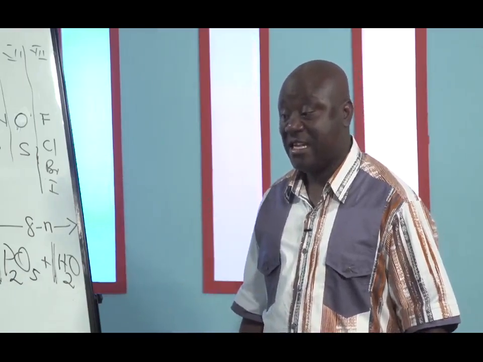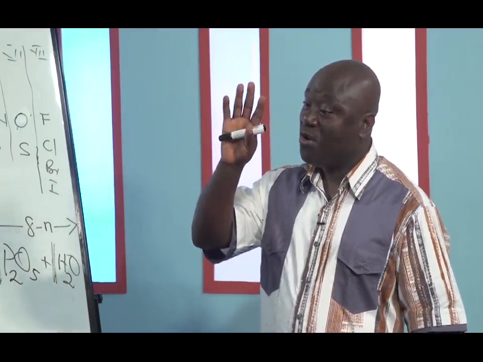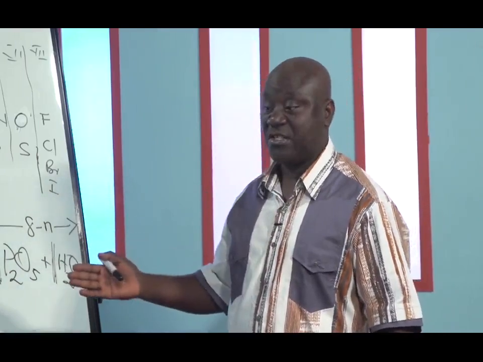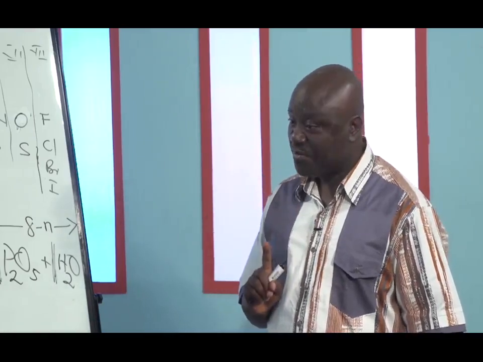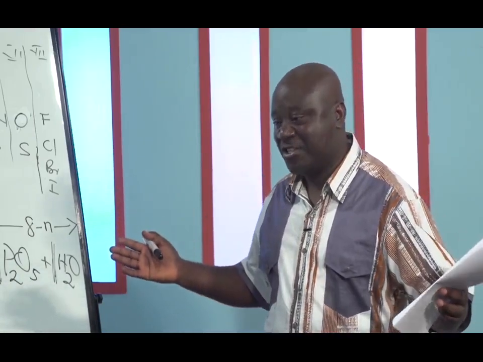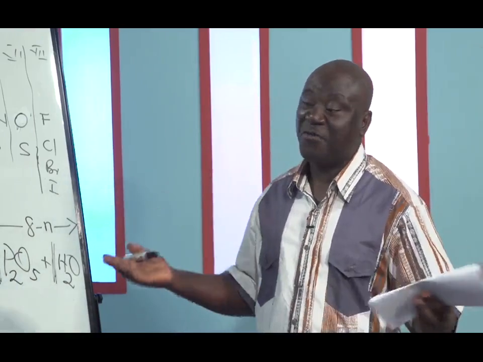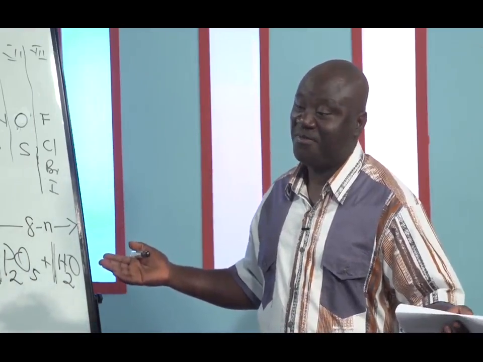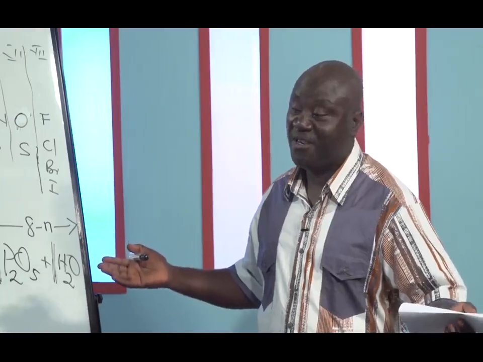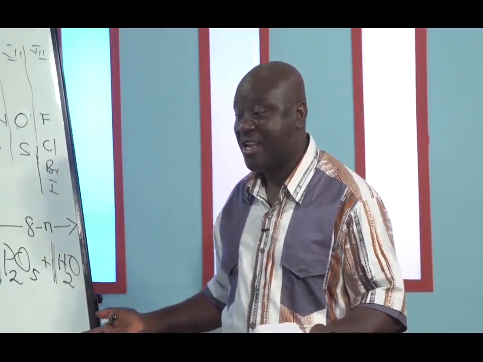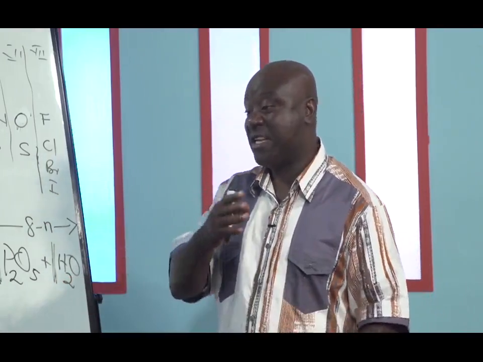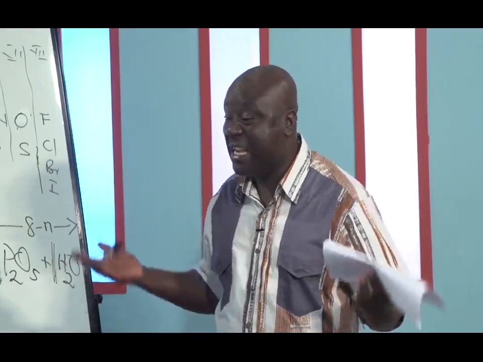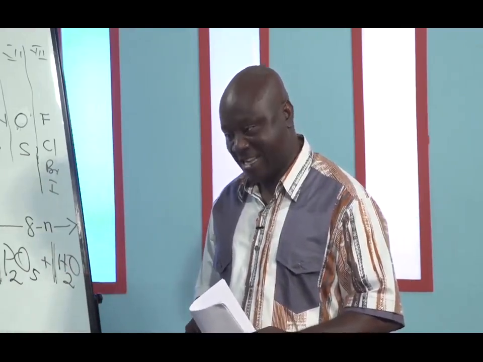A wrong answer. Now, you rightly determined the parent structure, you rightly identified the side chain, and you left out the hydrogens. The positions could have been taken by any other atom. It could be chlorine, it could be fluorine, it could be any other atom. So once you left out the hydrogens, it made the structure what? Meaningless. And that is why you did not get a mark.